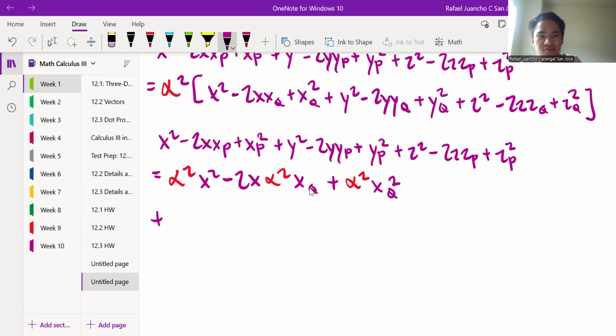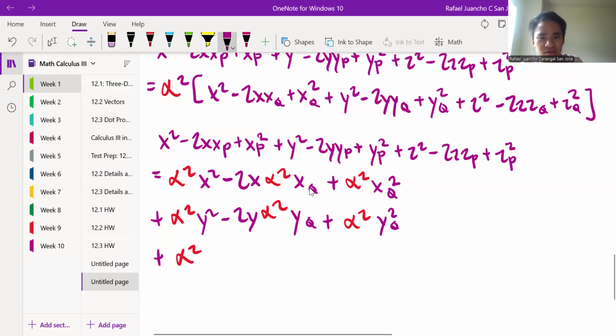And then here we add alpha squared Y squared, 2Y alpha squared YQ, so here you basically just change everything to Y, plus alpha squared YQ squared.